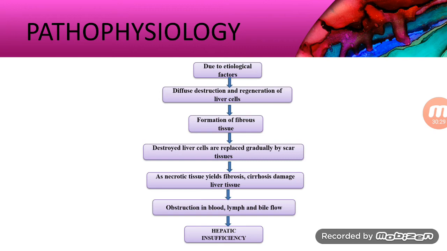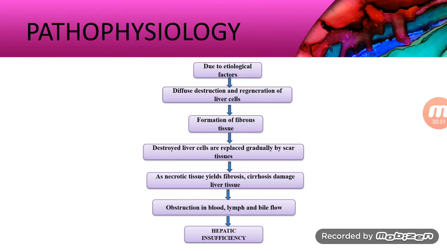So this time, even if the liver cells regenerate, the liver cells will not be normal. Only the destroyed, damaged liver cells will be formed. So due to that, there is formation of fibrous tissue.